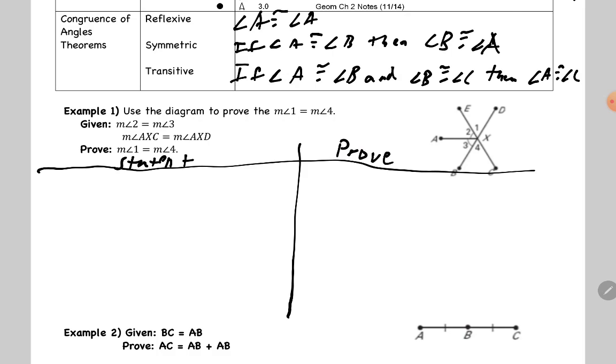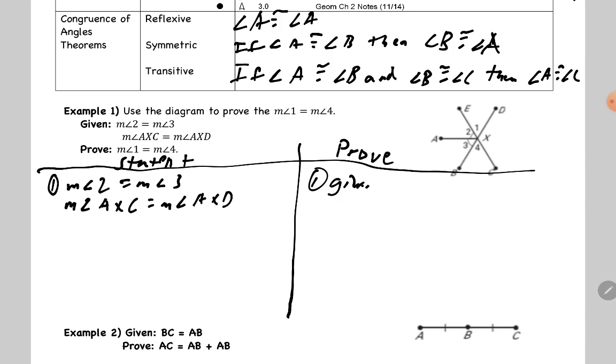So with our first statement, I'm going to say statement 1: measure of angle 2 is equal to measure of angle 3, and measure of angle AXC is equal to the measure of angle AXD. And that was given.